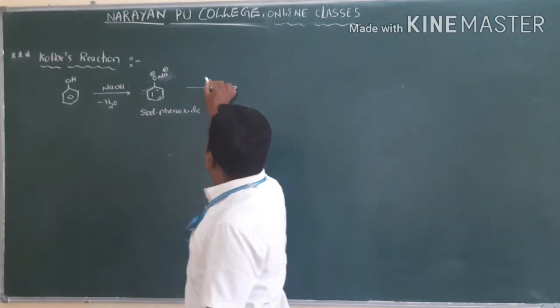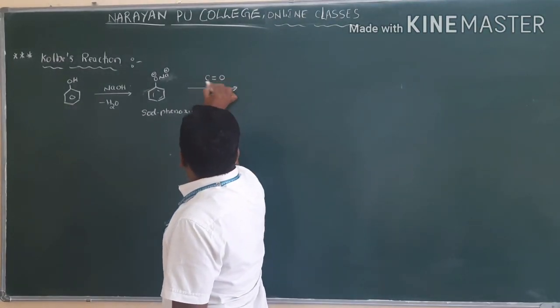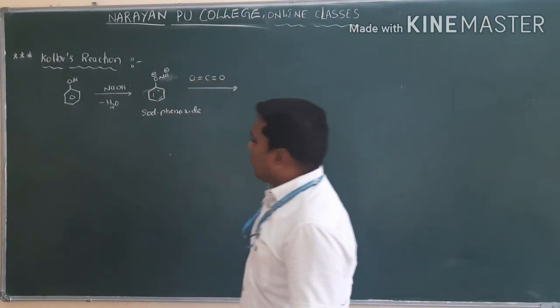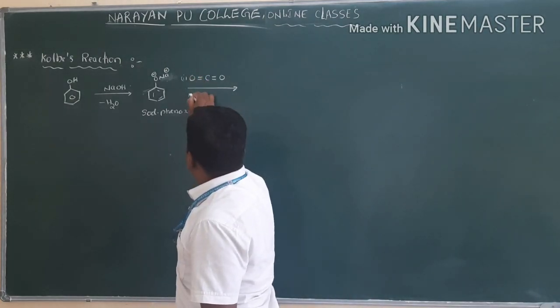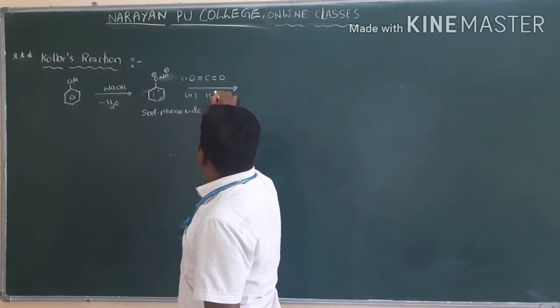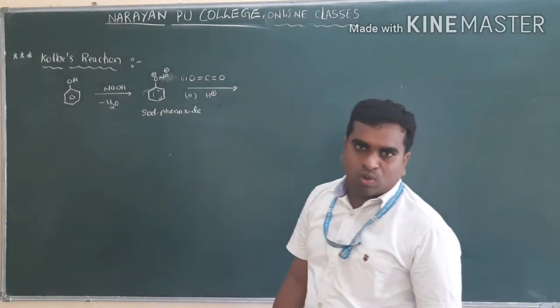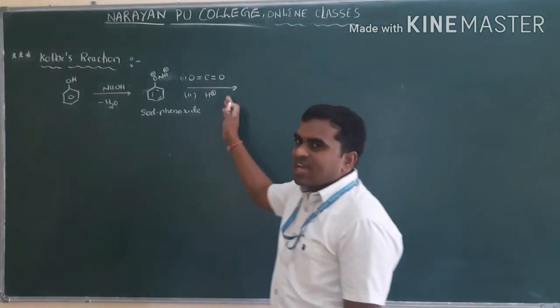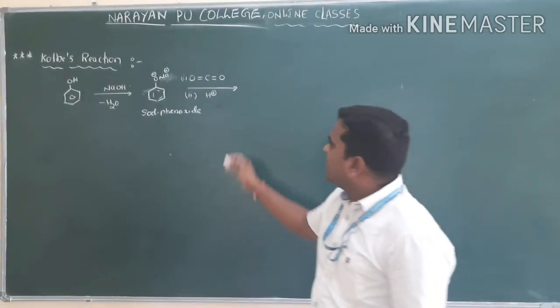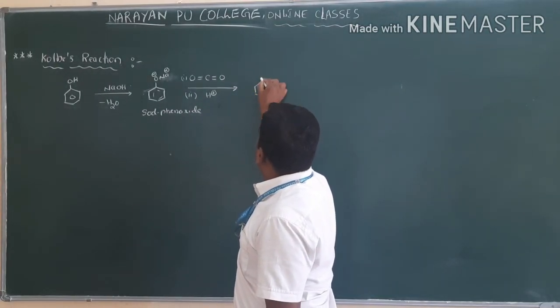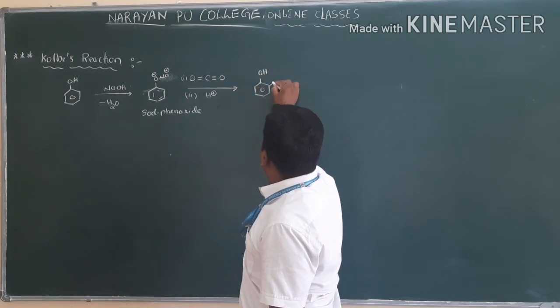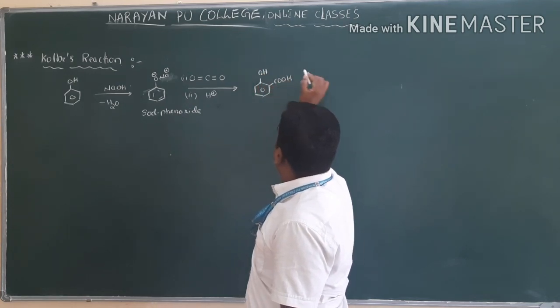Carbon dioxide is an electrophile here. What is the carbon dioxide formula? O double bond C double bond O. This is the first step, and in the second step you have to do the hydrolysis. H plus means it is an acid hydrolysis. Then the compound you will get has OH and, at the ortho position, COOH.